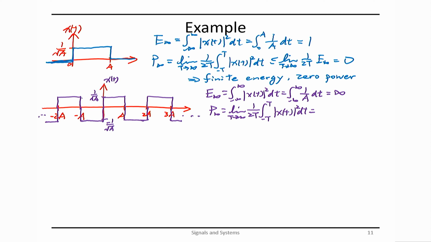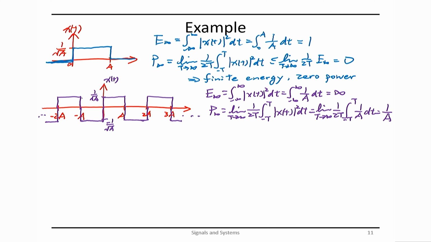And the square here is 1 over a again, regardless of what time you're looking at. Okay? So you're averaging a constant over infinite time, and therefore the average is just the constant itself.